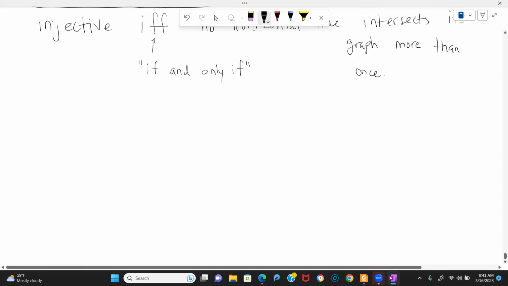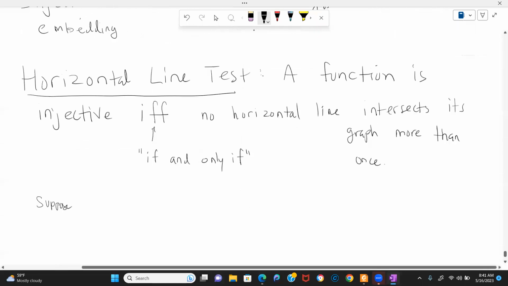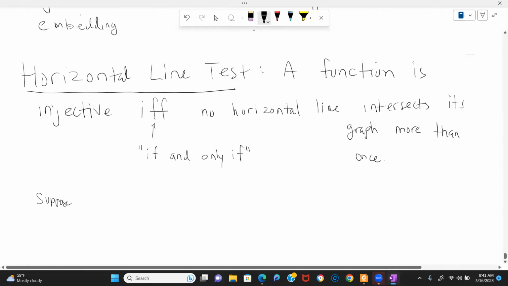I'm not going to give you a full proof, but just some idea of why this is true.